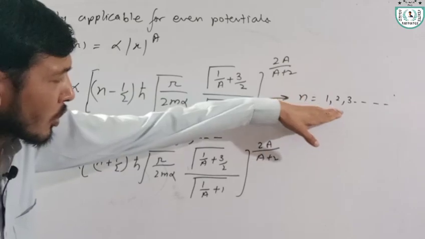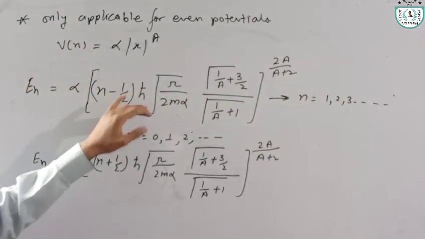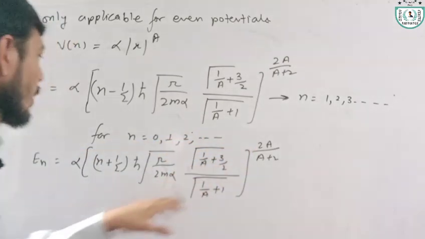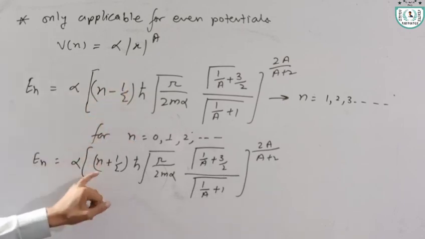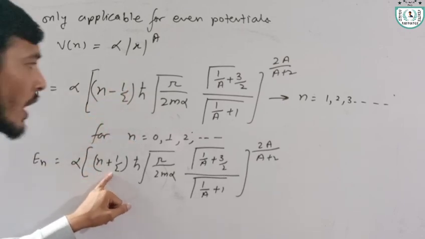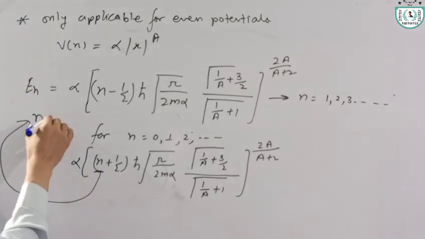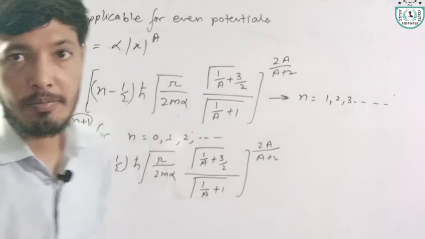When n = 1, 2, 3 and so on, we have n − 1/2, and for n = 0, 1, 2, 3 and so on, in place of n − 1/2 we have n + 1/2. The difference is that in place of n we have written n + 1.